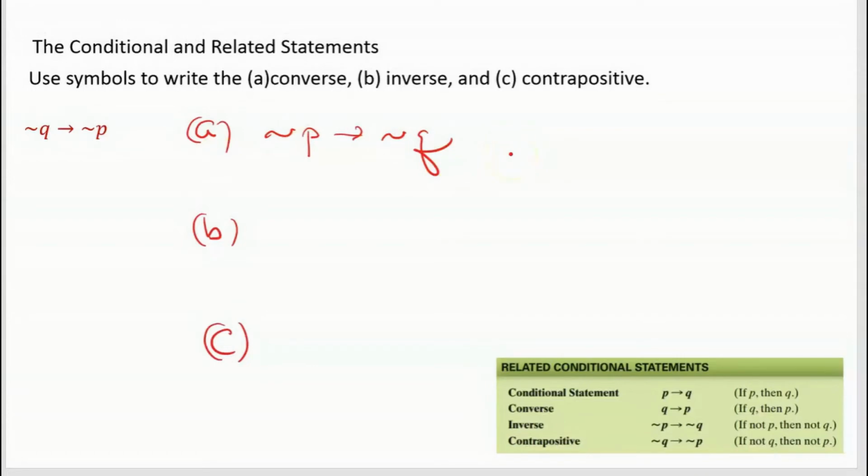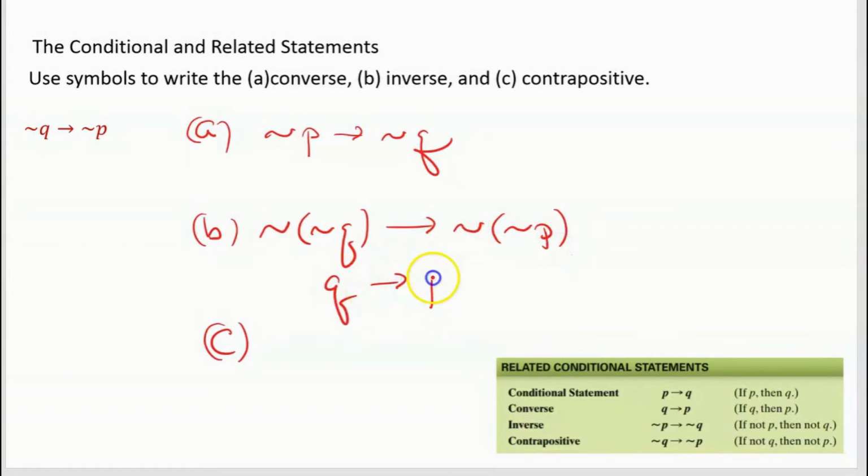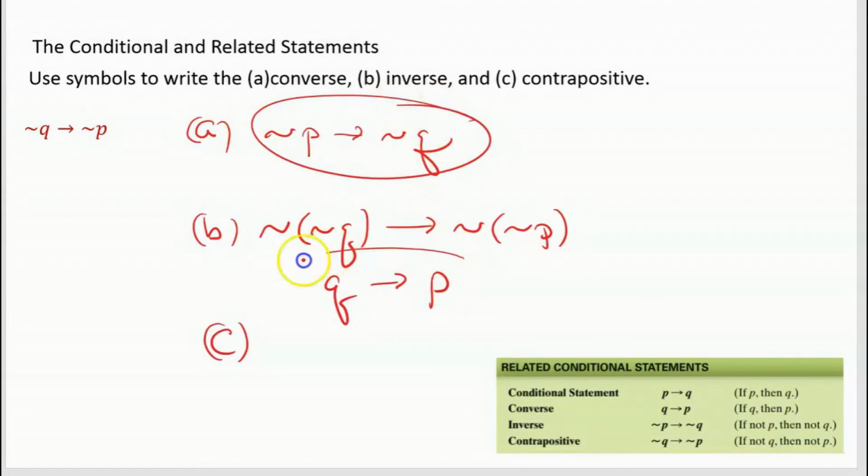And then the inverse is the flip it. So I keep the order of the conditional statement the same. I negate both statements. So that's not Q implies not P. Of course, I know you know that's Q implies P. Done with that, right? So that's my answer here. That's my answer here.